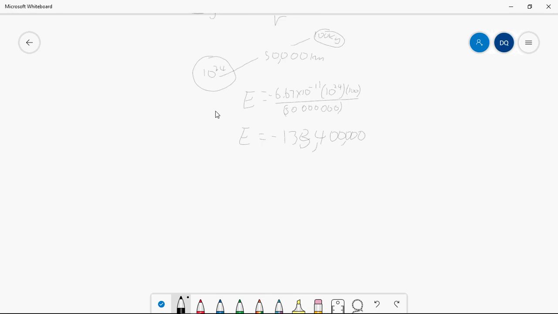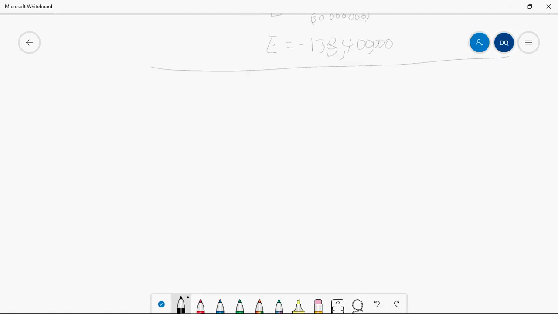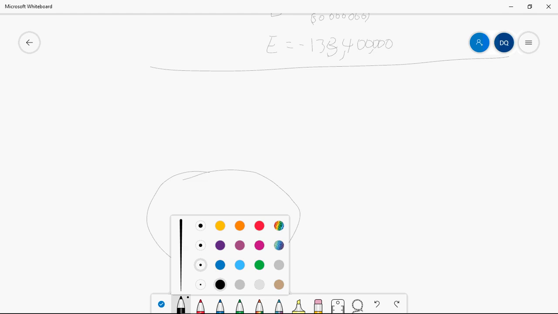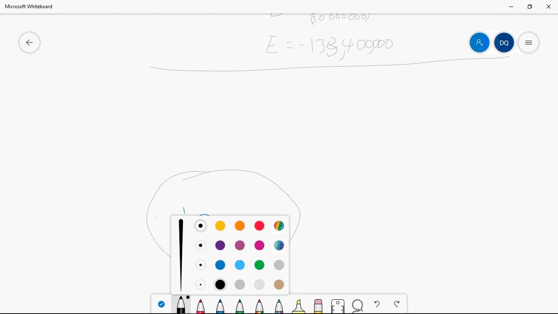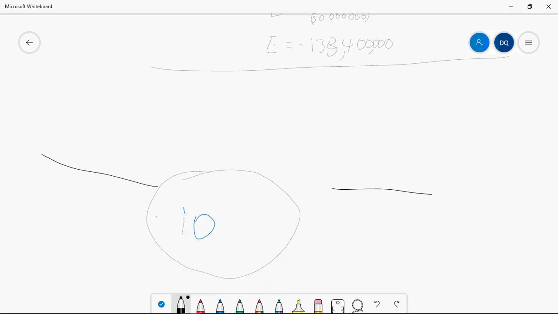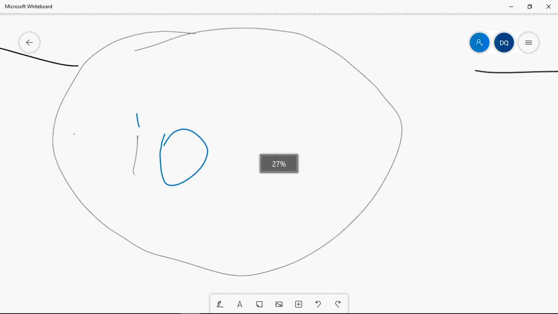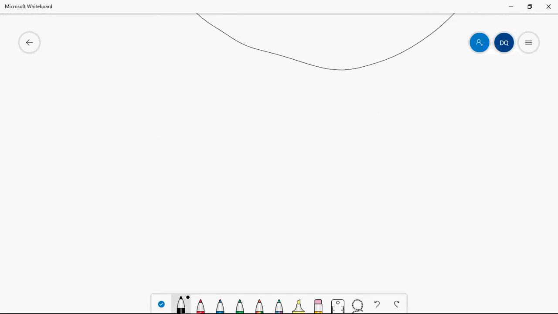Okay, let us now consider the escape velocity. So imagine you have a planet here, and let's say that planet again has a mass of 10 to the 24 kilograms.